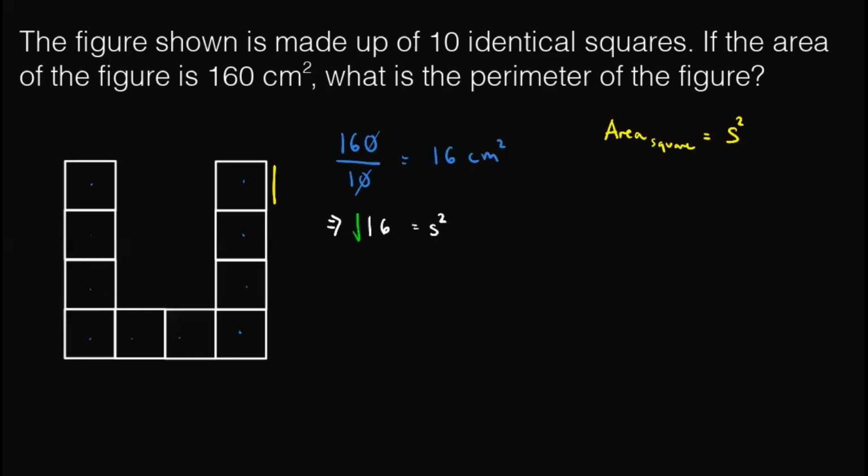Getting the square root of both sides, s is equal to positive or negative 4. But since we're dealing with positive values only here, since this represents a length, we only take the positive 4. So we know that one side of the square is equal to 4.